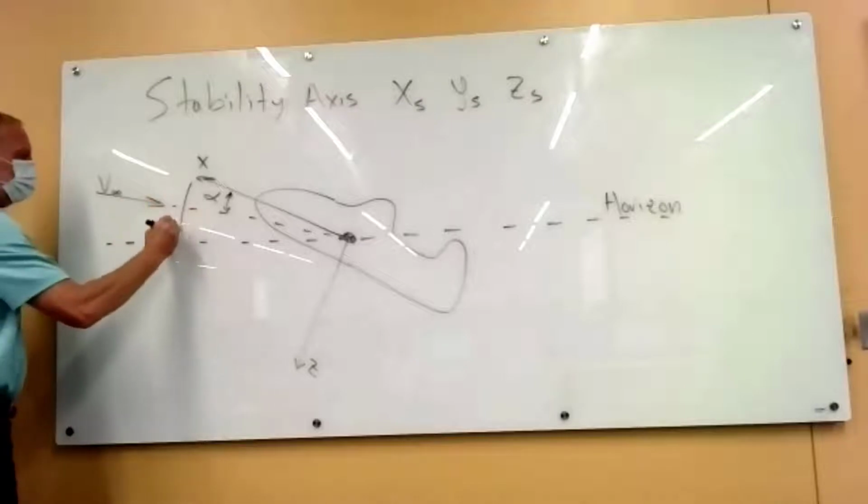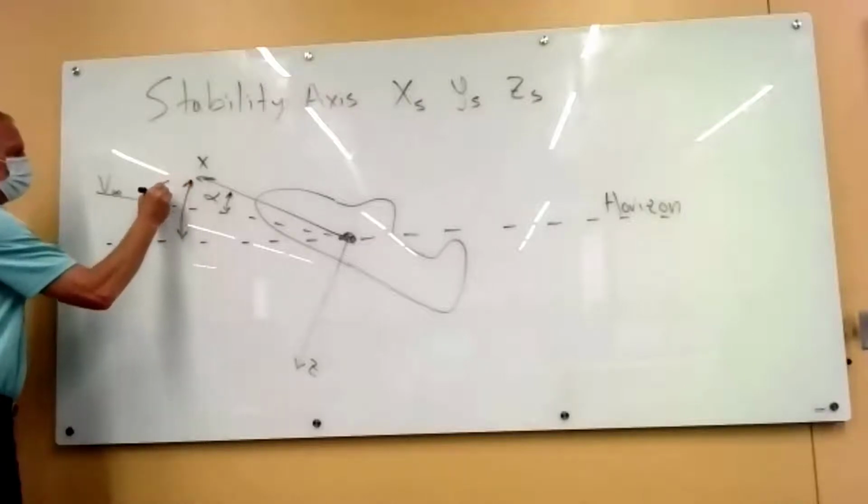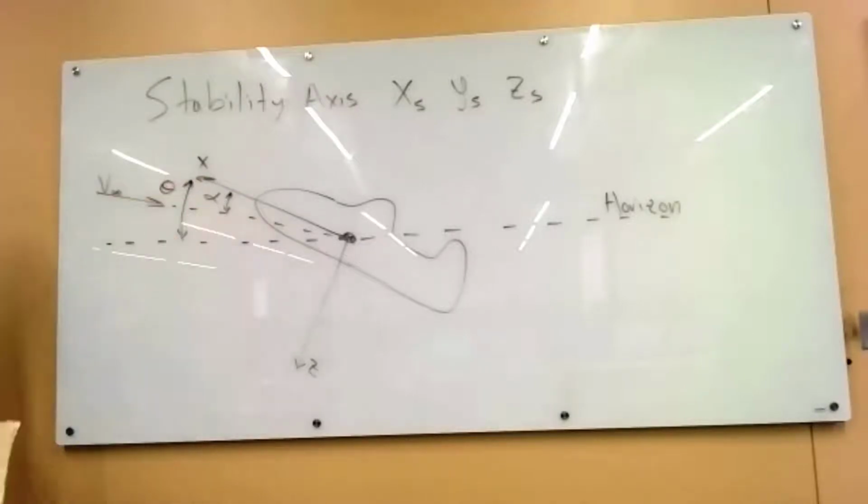And then this is the pitch angle in the X, Y, Z axis, because theta is up from the horizon up to the X axis. And that's an Euler angle because we've taken the airplane and we've yawed it, and then we pitch up theta to get the X axis from the Earth fixed.